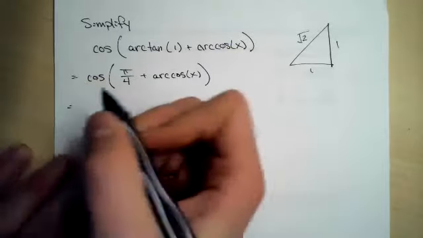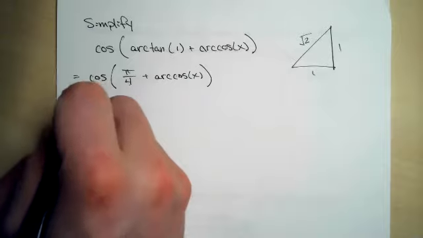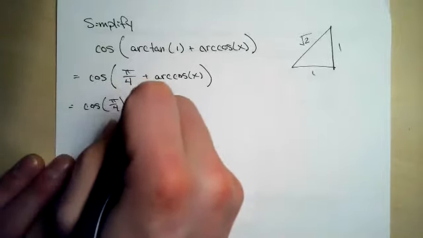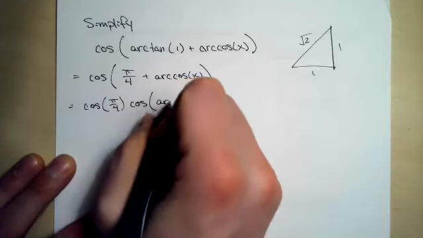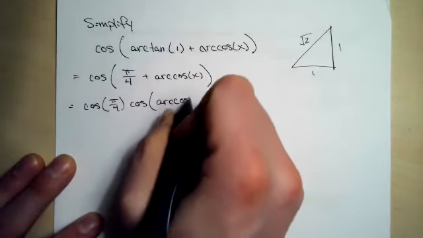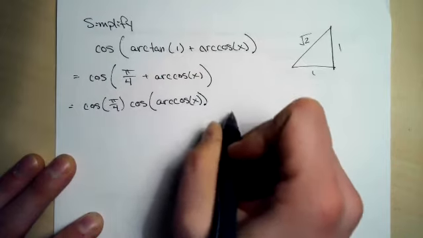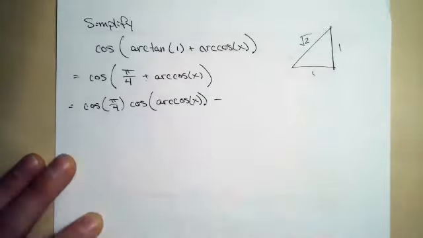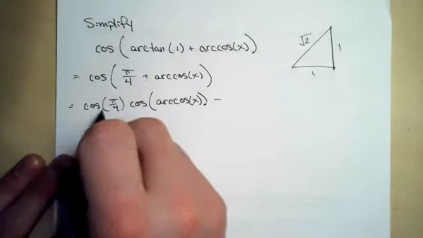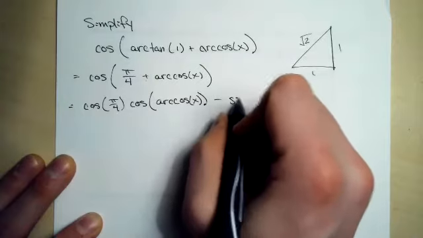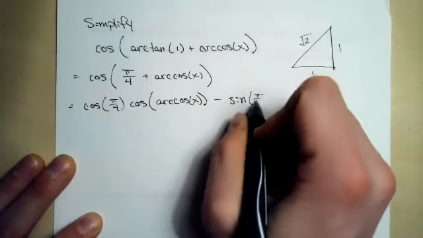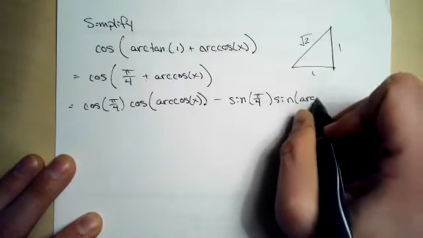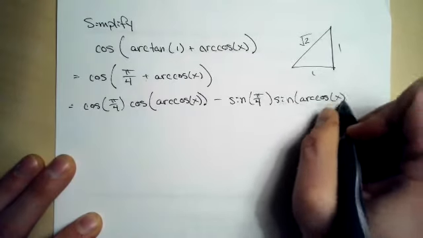And now when we write things out in terms of the sum identity, we'll see what else we need to simplify. So cosine, remember, sum inside, sign switches outside the formulas, and we'll have cosine cosine minus sine sine: sine of pi over 4, sine of arc cosine of x.